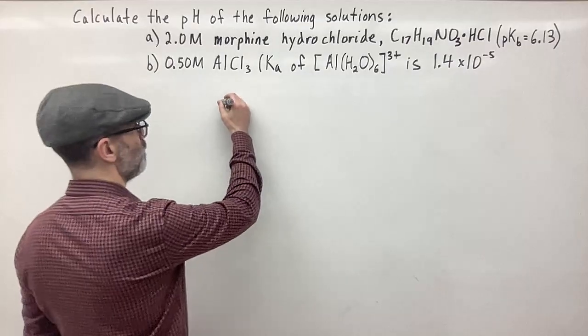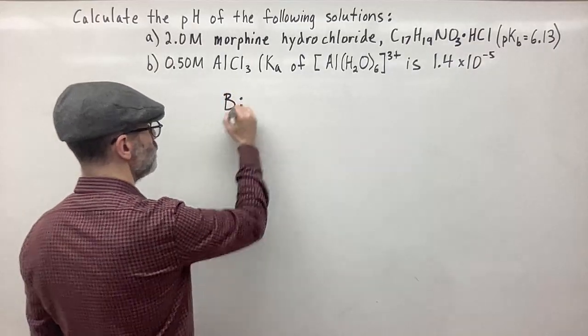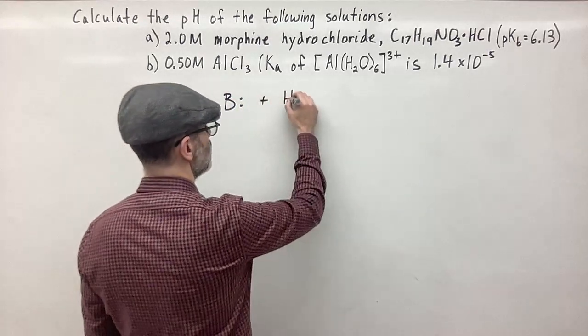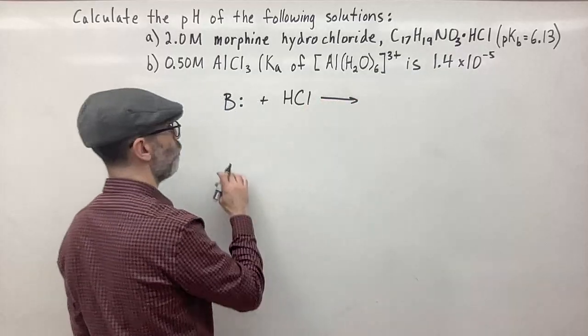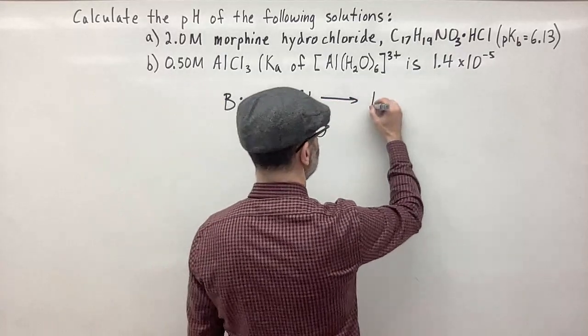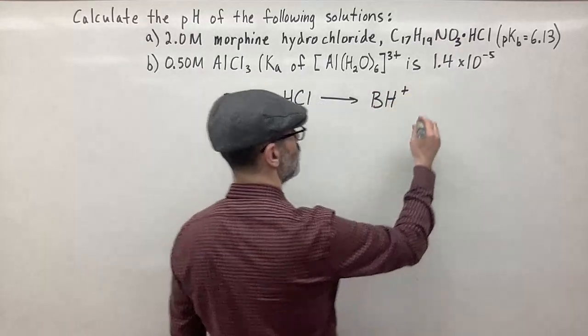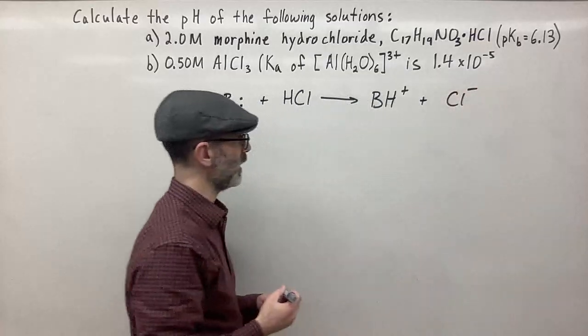So what's going to happen is we have our base B, and it's going to react with HCl and completely form the BH plus ion plus Cl minus.